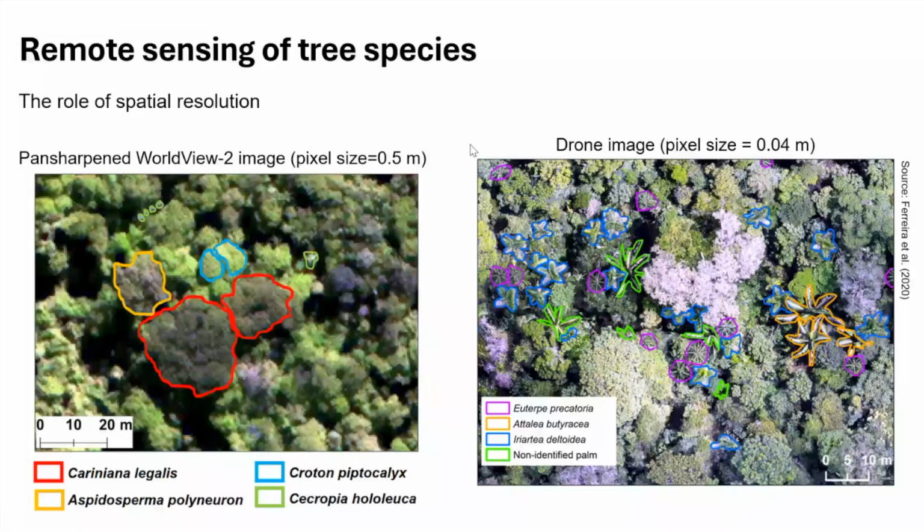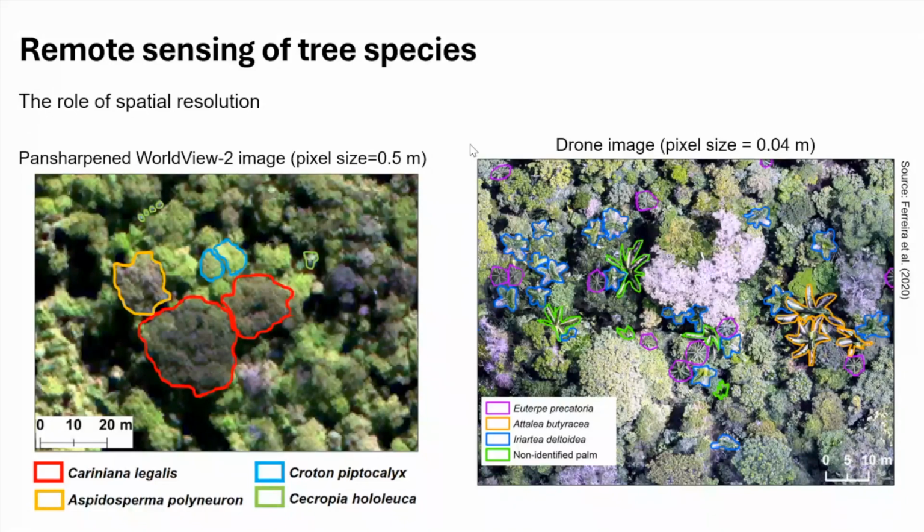At the spaceborne level, very high resolution means a ground sample distance, or pixel size, of less than 1 meter. So here on the left you have an example of an image of the WorldView-2 satellite.